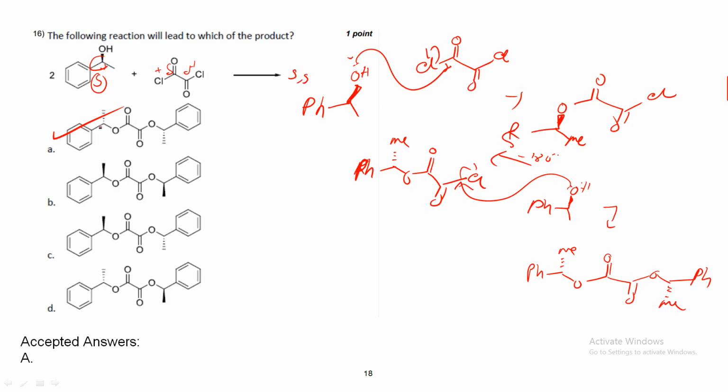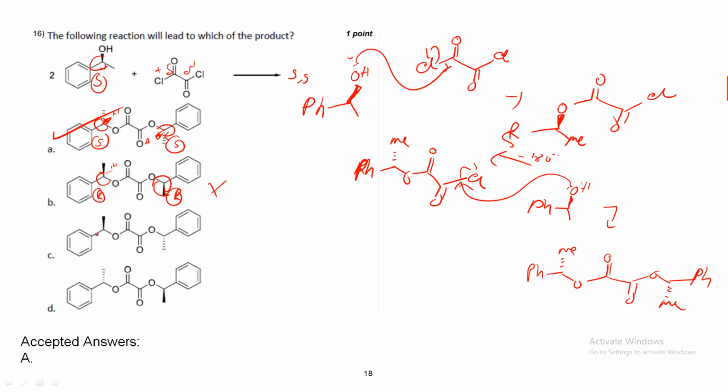So for this case, one, hydrogen is above, so it is S. Hydrogen is above, it is S. For this case, it is R, would be R. So not right.